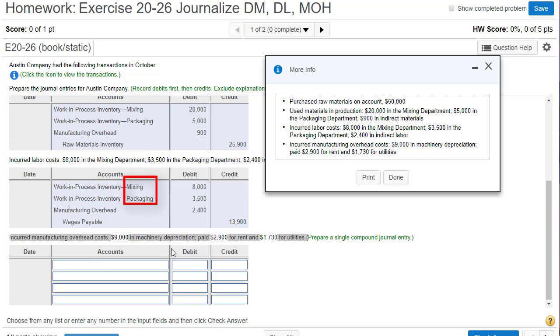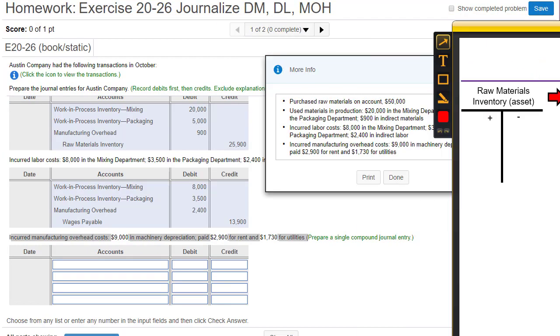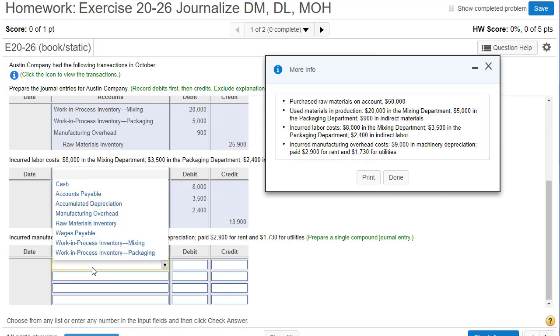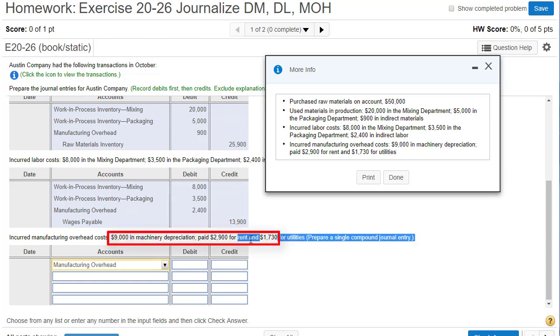Since we don't know which department they go in, that's an indirect cost, and they are going to accumulate in manufacturing overhead. So all three of those costs accumulate into manufacturing overhead. We have to add these up, 9,000 plus 2,900 plus 1,300.